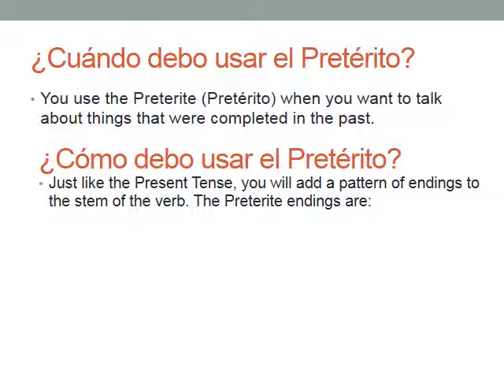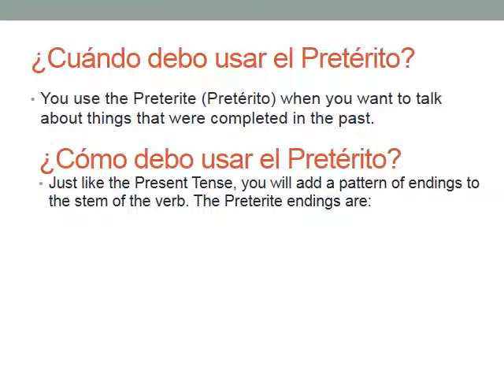You use the preterite when you want to talk about things that were completed in the past. That is what's very important about the preterite tense. Again, I said there are two different past tenses in Spanish, and the preterite specifically talks about completed actions. So like yesterday, I went to the store.